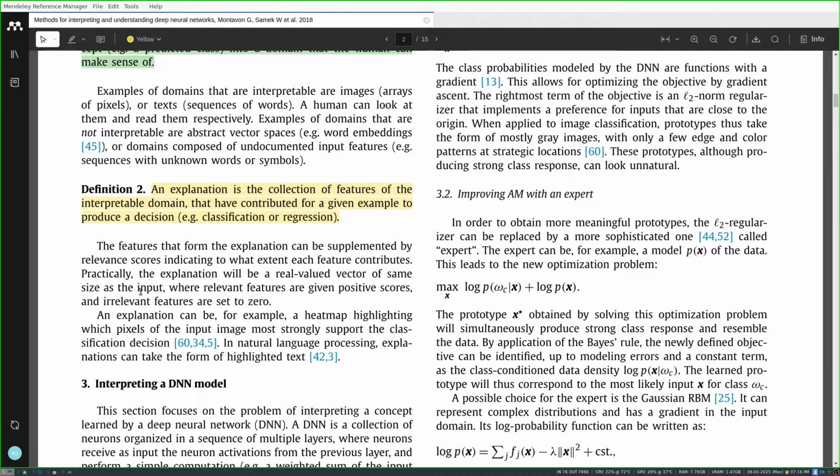Practically, the explanation will be a real-valued vector. The explanation can be, for example, a heat map highlighting which pixels of the input image most strongly support the classification decision. In NLP, the explanation can take the form of highlighted text.